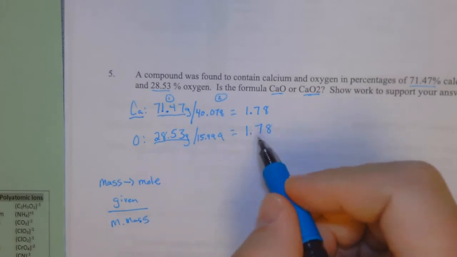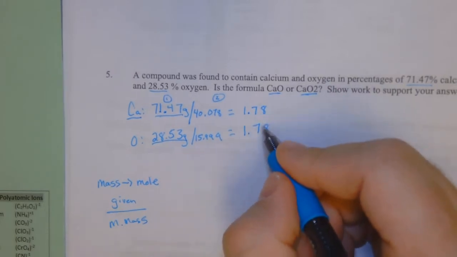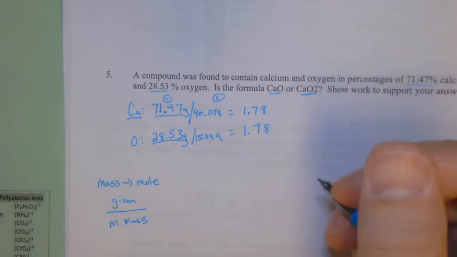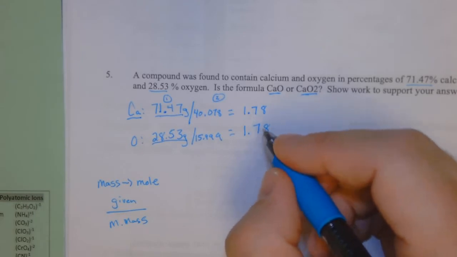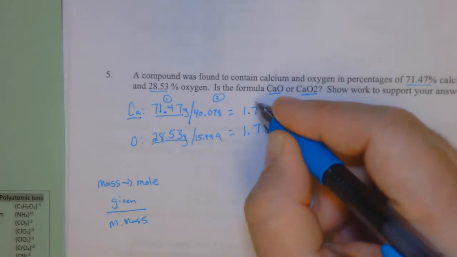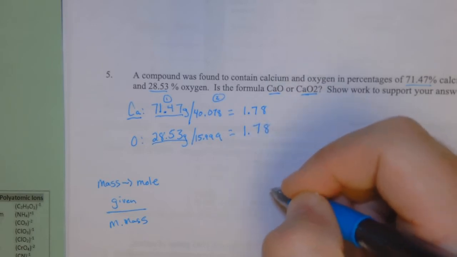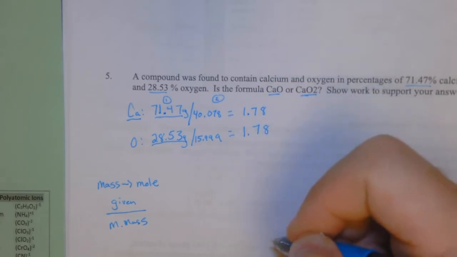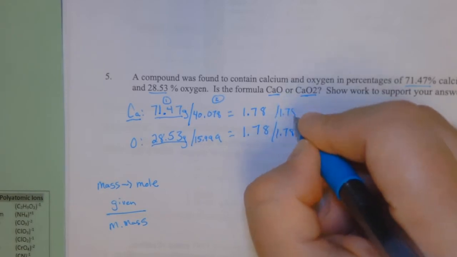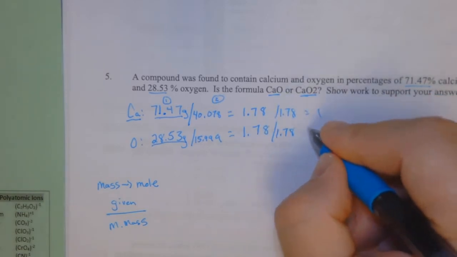Both numbers are the same, so we divide by the same number, because they're both the smallest. In other cases, we look at all our mole numbers, figure out which is the smallest, and divide each one by that smallest number. Here, each gets divided by 1.78, and they both come out to be 1.